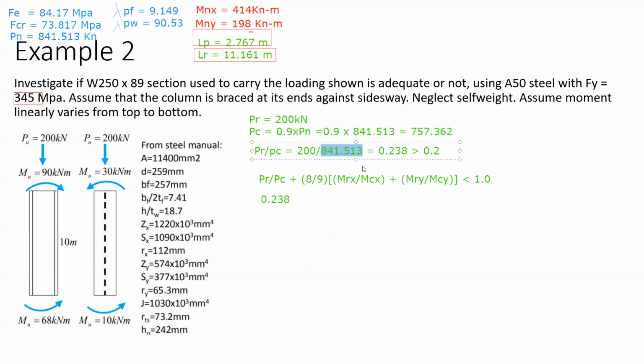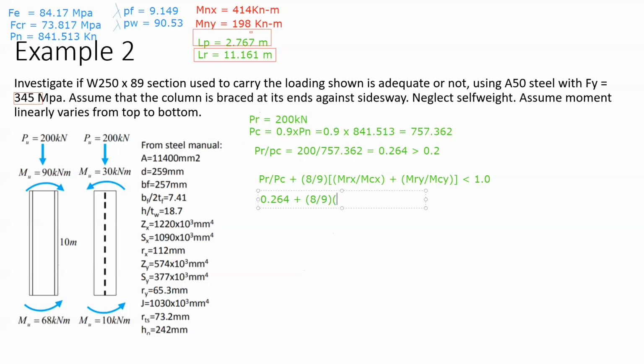So this also changes. 757.362. What is the value of PR over PC? 0.264, which is still bigger than 0.2. So we still use that formula, plus 8 over 9.